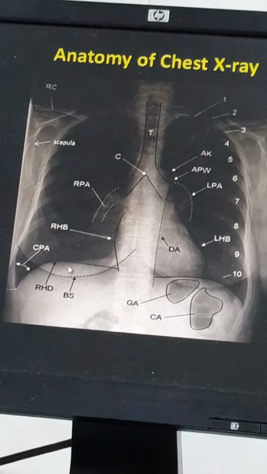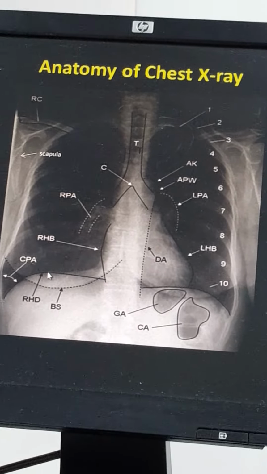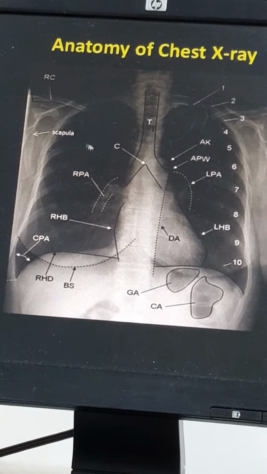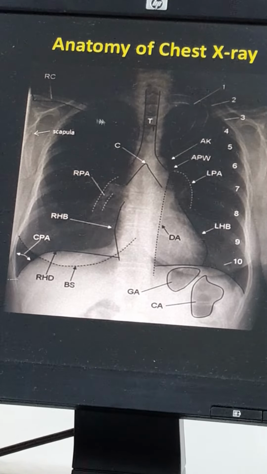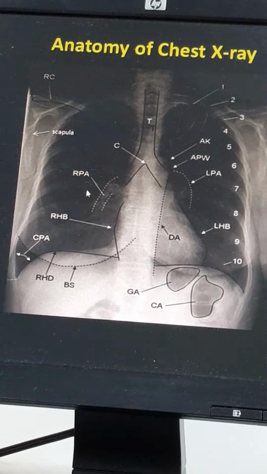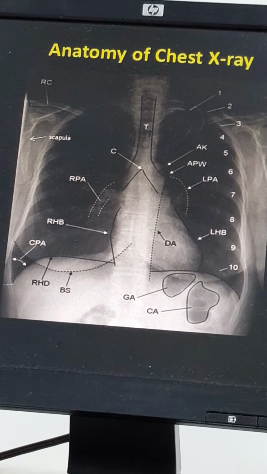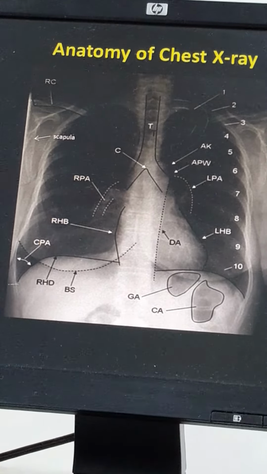The sixth anterior rib usually touches the middle of the diaphragm in a good film. So in this film we can count the ribs needed to tell that this is a good inspiratory film. All right, so this is basically the anatomy of a chest X-ray.